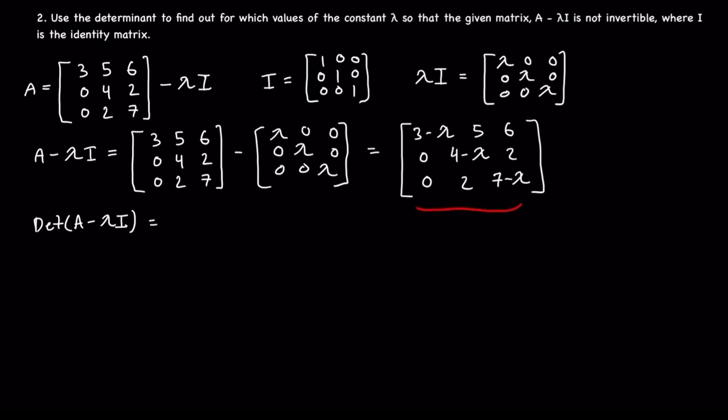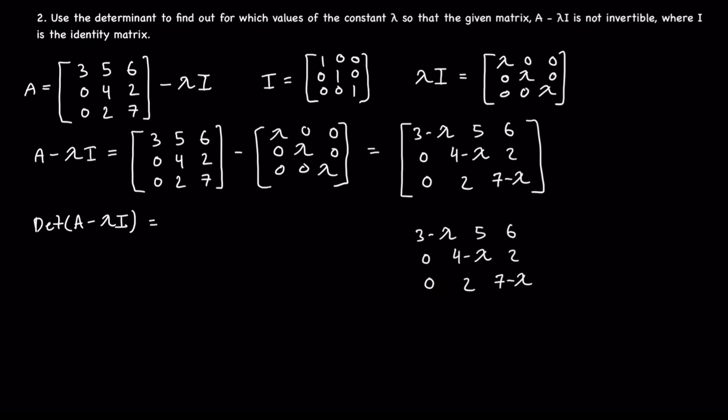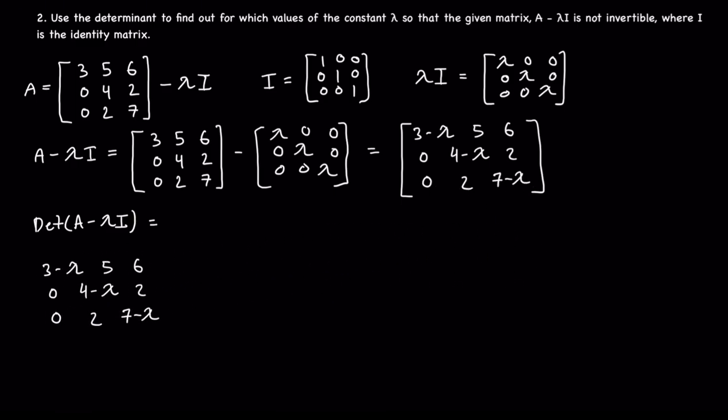To find the determinant of this matrix, we can simply use Sarrus' rule. Let me copy this down, and then I'll write the first 2 columns again. So 3 minus lambda, 0, 0, and then 5, 4 minus lambda, 2.